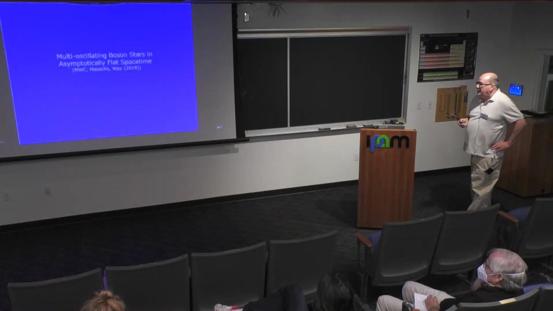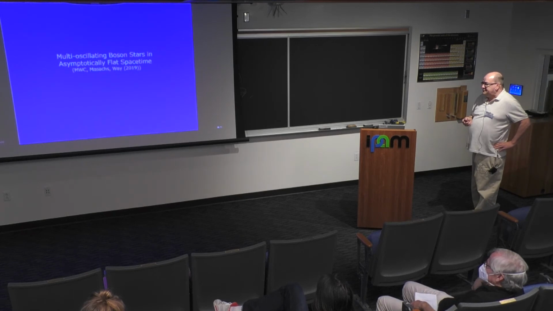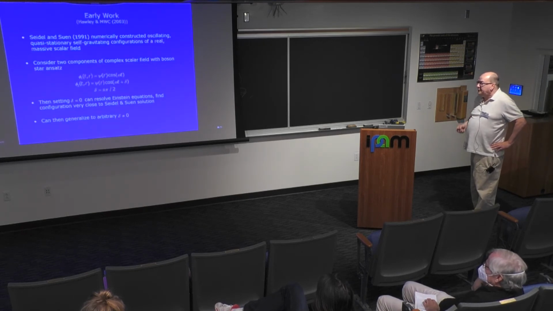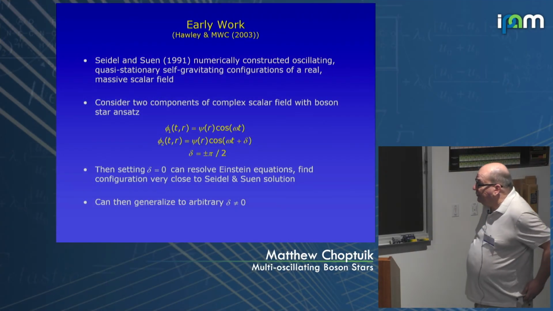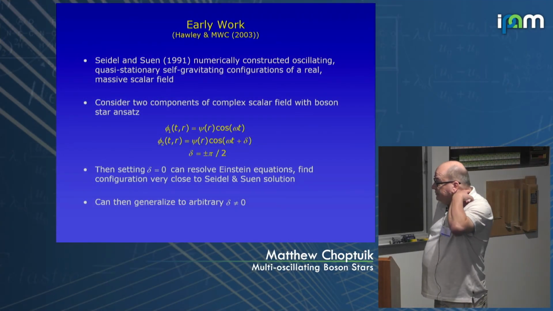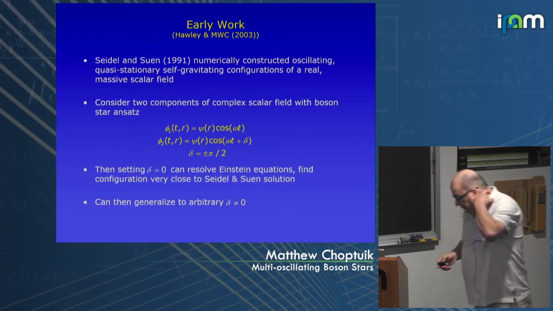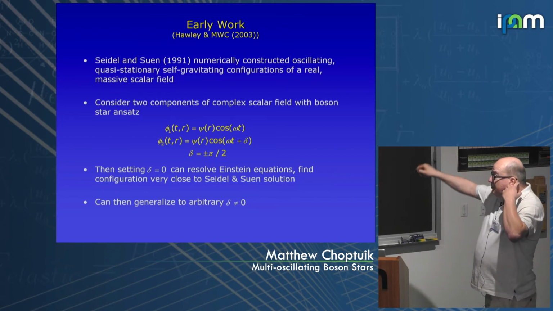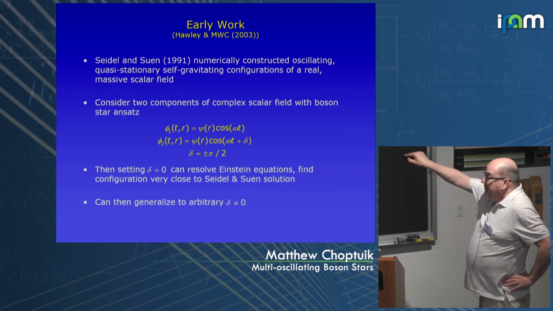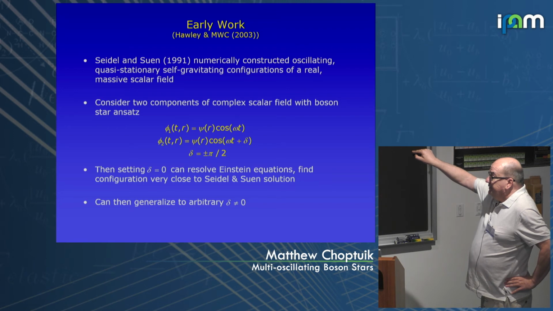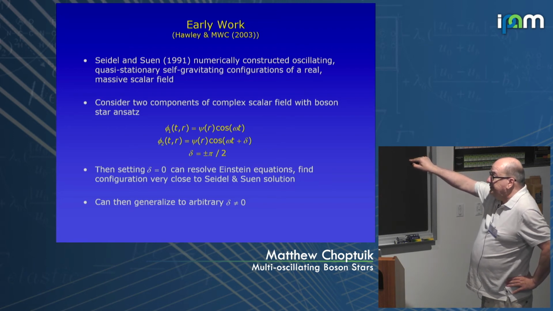Okay, so let me turn now to the case of asymptotically flat spacetime, where we'll basically repeat the procedure. I want to drop back a little to some early work done about 20 years ago, and even further back, about 30 years ago, with Seidel and Suen, who numerically constructed these solutions consisting of a real massive scalar field, the oscillons I talked about previously.